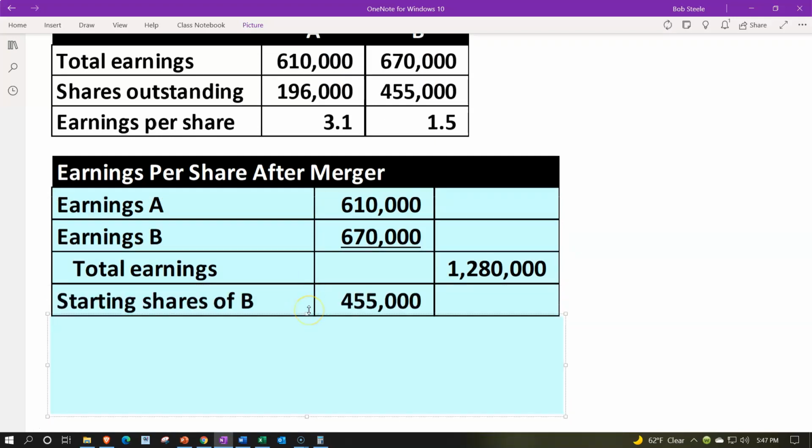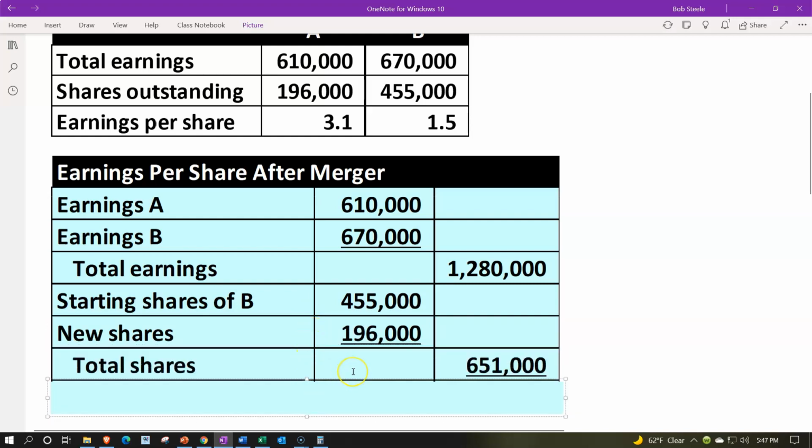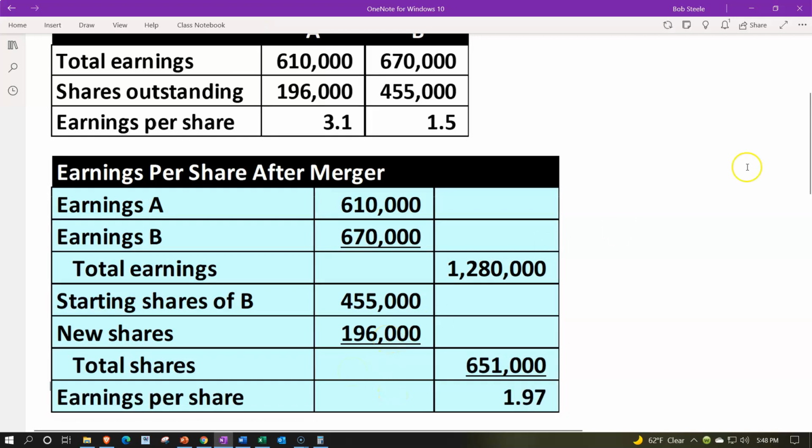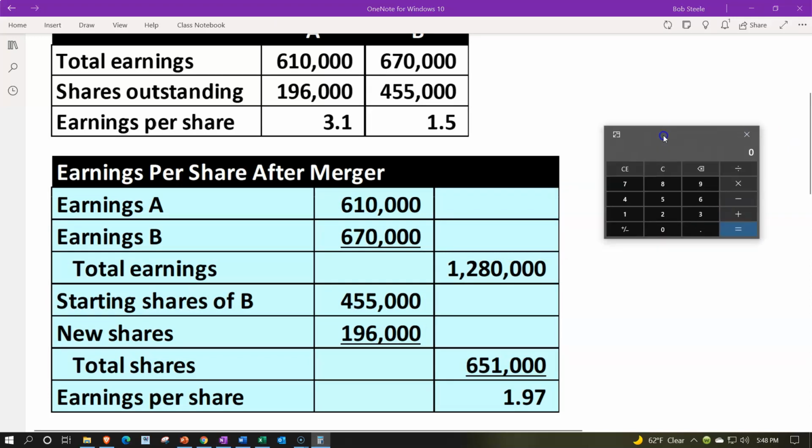But we can see that the starting shares for B are 455,000, and if they distribute another 196,000 shares, the shares outstanding would be 651,000 shares. So for earnings per share, we take the 1,280,000 divided by the 651,000, and we've got 1.96. So that's going to be the consideration we have.